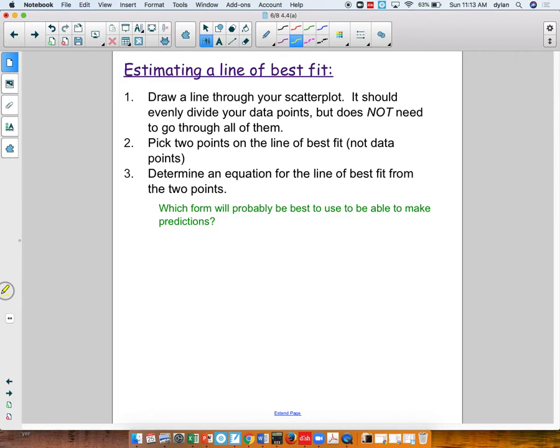And if you think about it, we probably want to use point slope form to do that because we have 2 points. However, if we want to make predictions, we're probably going to want our form ultimately to end up in slope-intercept form. Because if we're in slope-intercept form, that's the easiest way to make predictions about the future because y is alone.